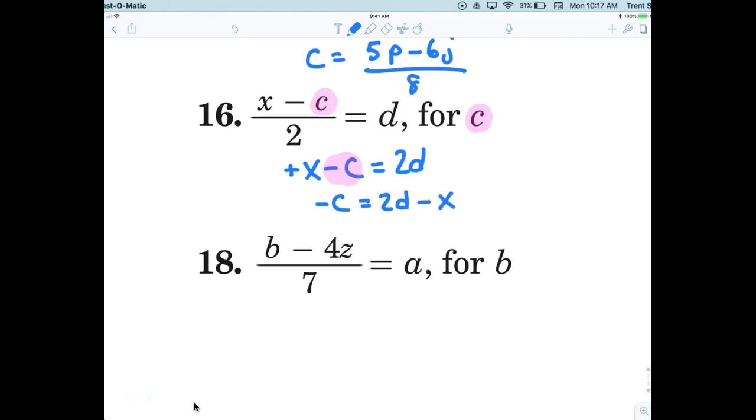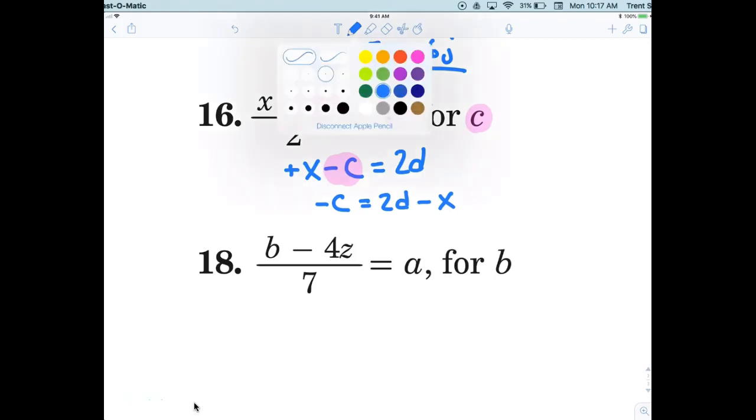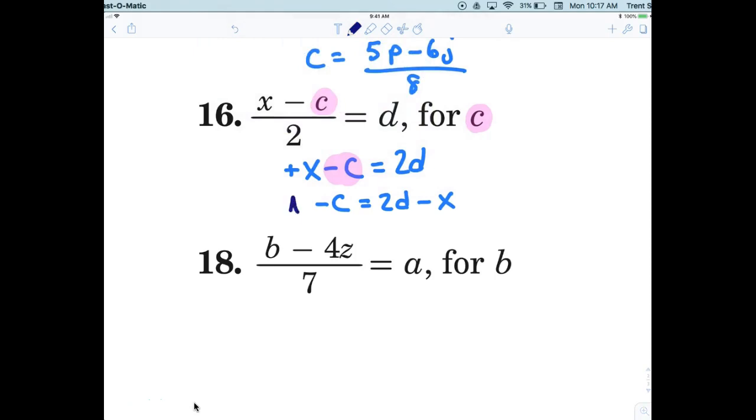Now you should put a little note to yourself. Very important step right here. This right here is -1. How I want you to remember it is that it just means to change all signs. Essentially you're multiplying everything through by -1.